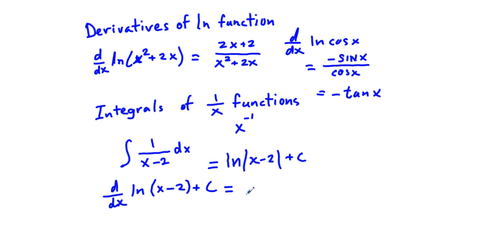We get the derivative of x minus 2, which is 1, over the original, which is x minus 2, and then the derivative of c is 0. So if we found the integral, then took the derivative of that integral, we come back to the original. There are a few problems involving this principle that we haven't covered a whole lot. We're going to do more these last few weeks, but I wanted to show you that before our test tomorrow.